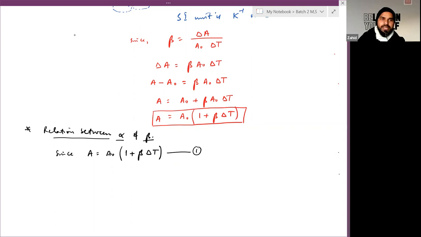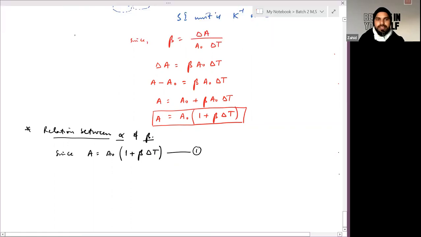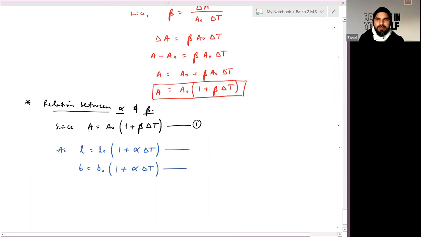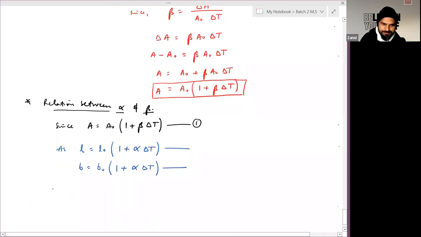Now, according to expansion along its length and breadth, we may write length equals L naught (1 plus alpha delta T), since length is a one-dimensional expansion. Similarly, breadth will also be treated as length, so it will be B naught (1 plus alpha delta T). If you multiply these two expressions, you will get area, which is nothing but the product of length and breadth.